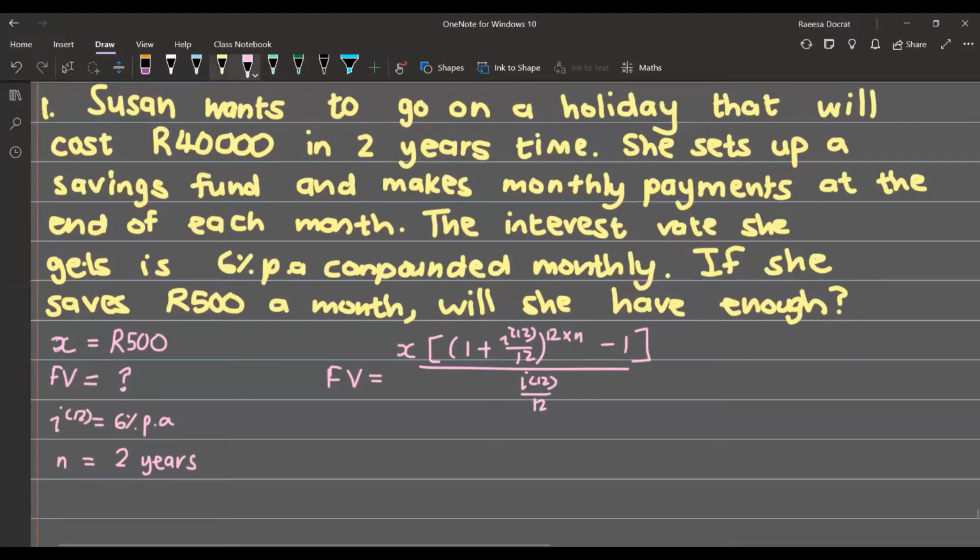Please note that when you're making payments more regularly than yearly, you have to change to the nominal interest rate, the effective monthly, or whatever the case is.